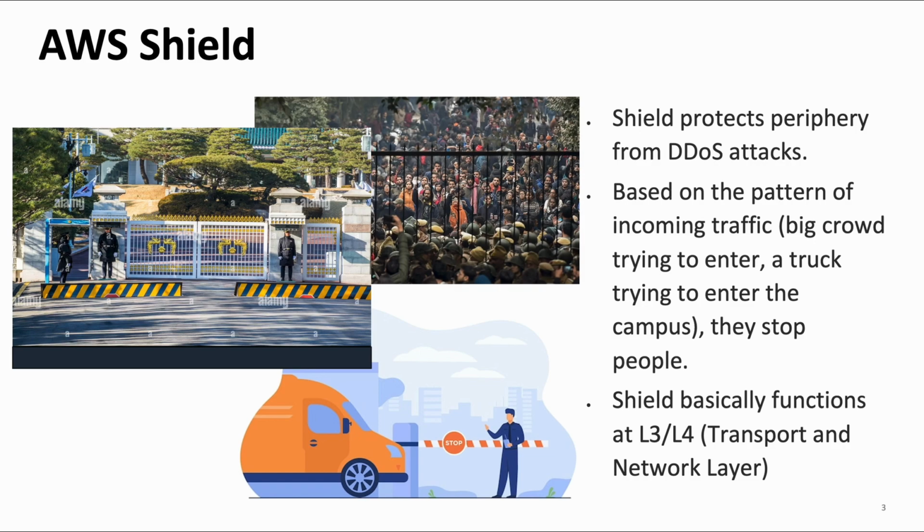AWS Shield provides the periphery protection where, based on some known patterns, it will disallow the traffic. Basically its intention is to reduce DDoS attacks. If you compare that with the real life scenario, it is like an outside gate where the security personnel will not allow a crowd to come in, or will not allow a random truck to come inside the campus, etc.